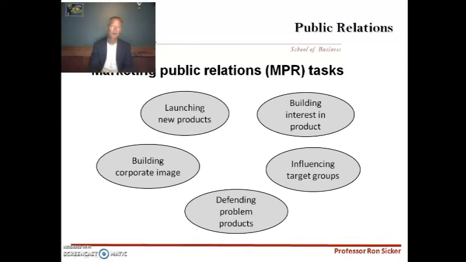Walmart is always trying to influence their target market to say we're not as bad as people think we are. Sometimes it's defending a problem. Sometimes something happened and you got to defend it. Sometimes it's just an apology. We're sorry. It's not going to happen again. Sometimes it's a deflection. Also, sometimes it's just to build your corporate image. We're good guys.